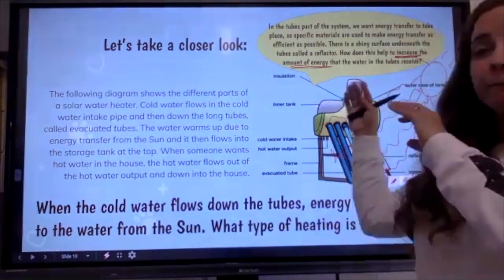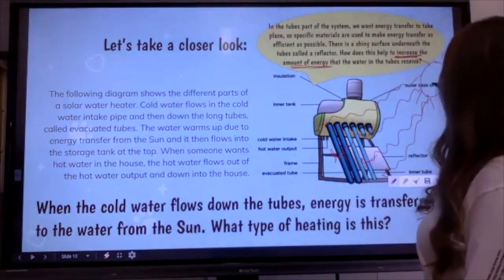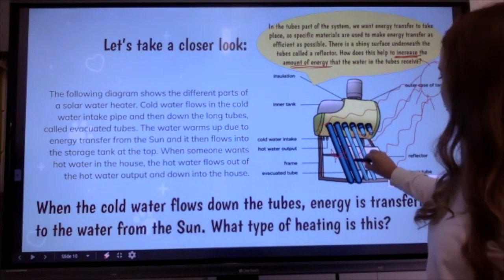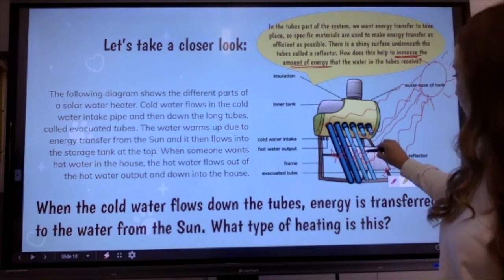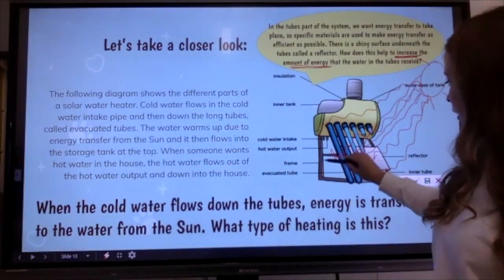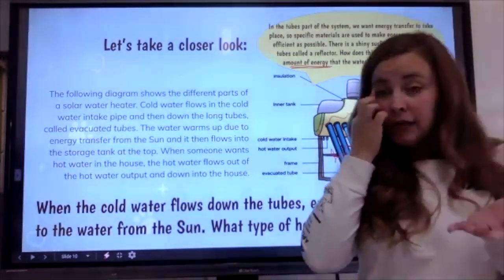So anything that missed the pipes the first time is going to bounce back and hit the pipes, hopefully the second time. So like this ray missed it, but then it's going to hit the reflector and bounce back and hit the pipes. Okay, so the reflector serves as literally a mirror for the radiation waves.